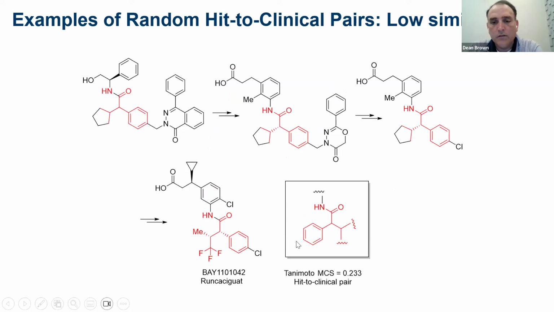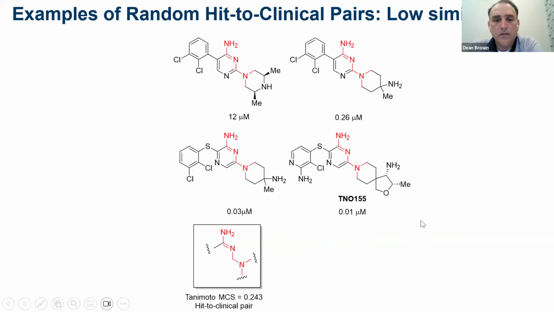And this is the actual maximum common substructure. It's just basically a phenethyl acid that they eventually changed at the end and replaced with this methyl trifluorosubstituent here in a chlorophenyl. And I think they did this without structure-based drug design. So it does highlight what you can do from a starting point to the finish in the absence of a good crystal structure. Here's the Novartis example.